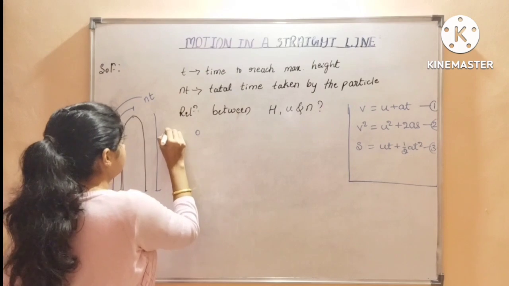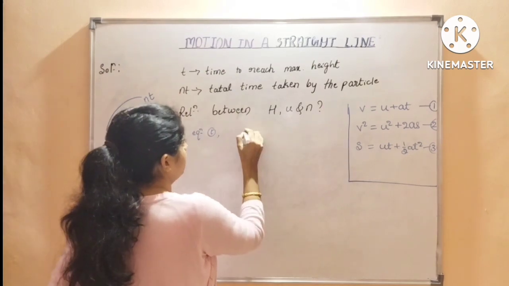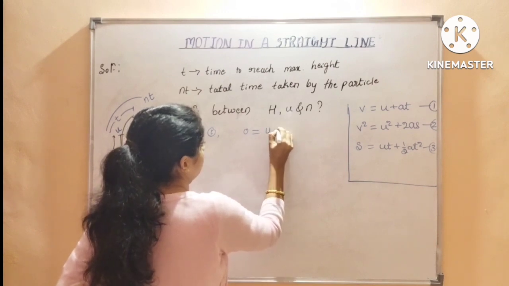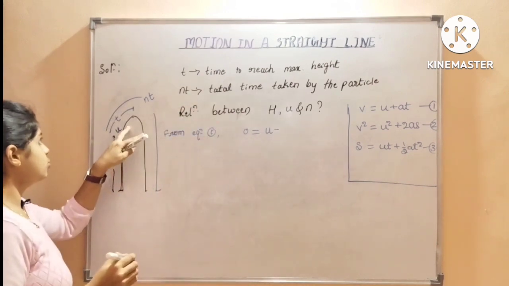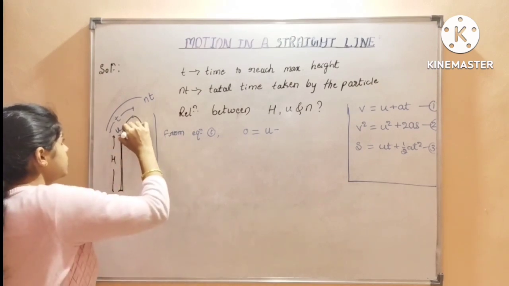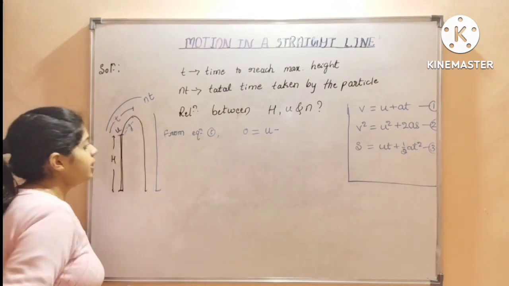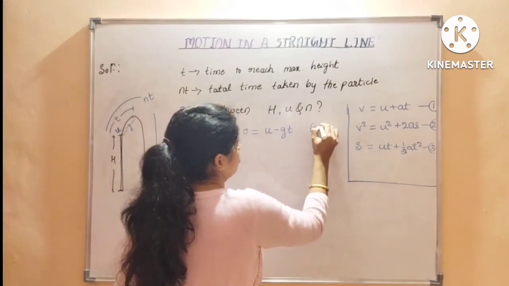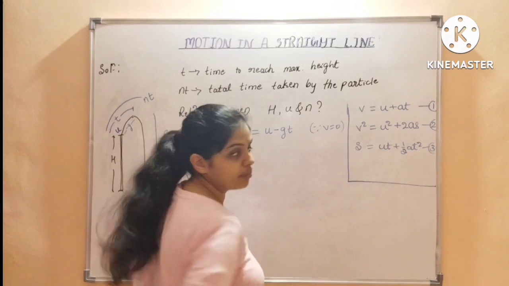From equation number 1, v equal to u plus at, v is 0, u is u. Here a is acceleration due to gravity, particle is moving upward, so acceleration due to gravity is taken as negative. So 0 equal to u minus gt, because v equal to 0 at maximum height.